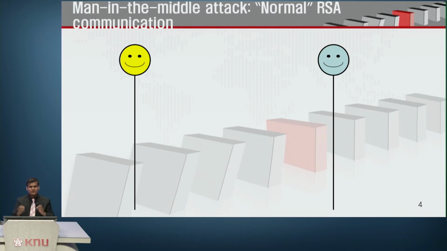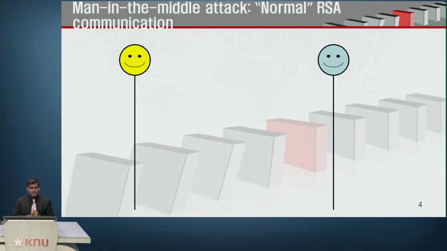So they are sending messages to one another. Once they authenticate the keys, they send the actual message. For example, Alice sends Bob a message saying, okay, let's meet at the riverside. And Bob says, yes, fine, let's meet at the riverside at 5 o'clock. And they meet. Now everything is fine. The message has been sent securely and the key is handled very well.